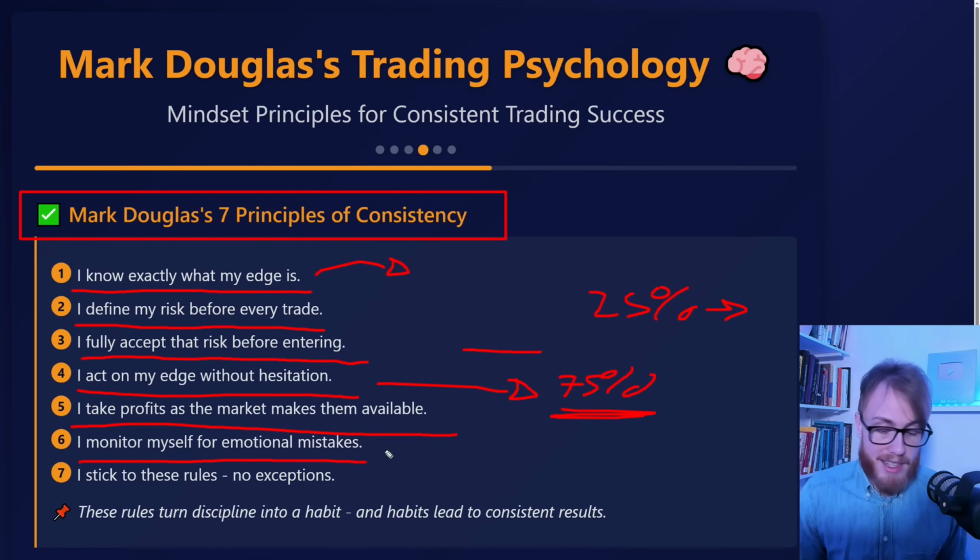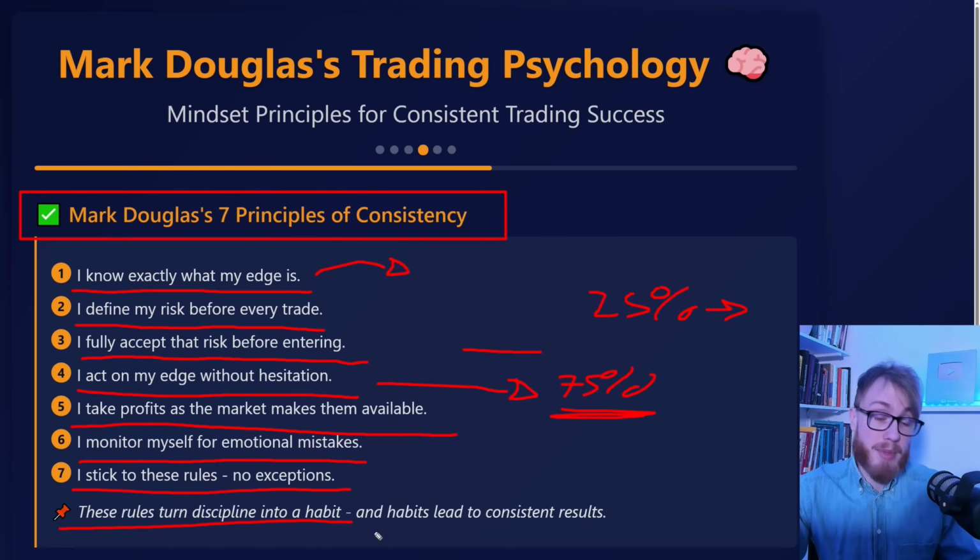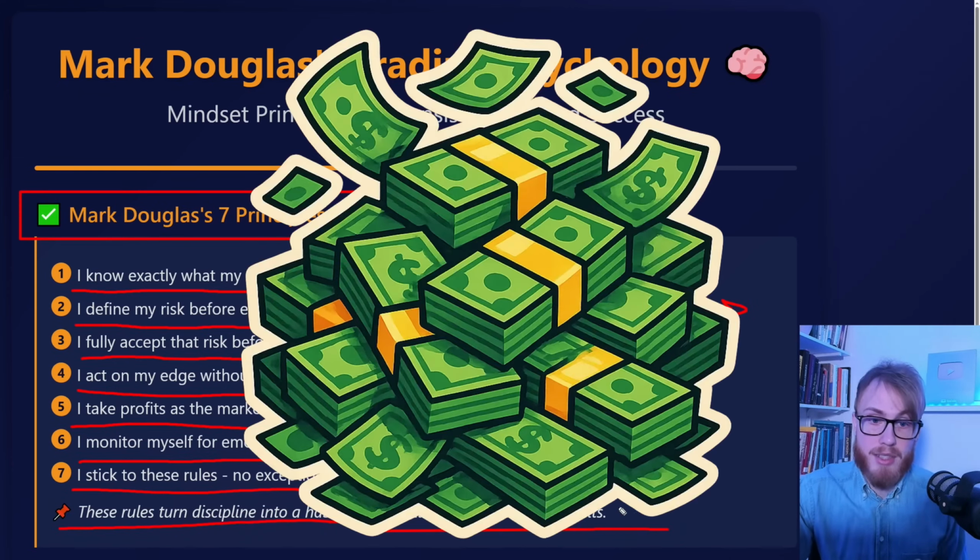Write down your mistakes, what happened here, what principle did I break, and so on and so on. And last but not least, stick to the rules without expectation. These rules turn discipline into a habit, and habits are what lead to consistent results.